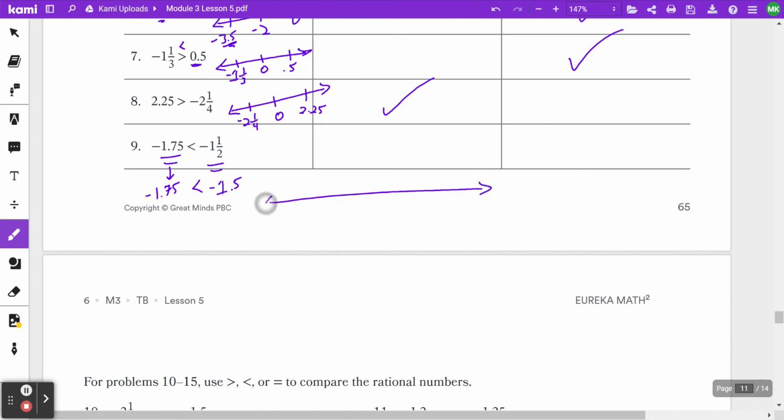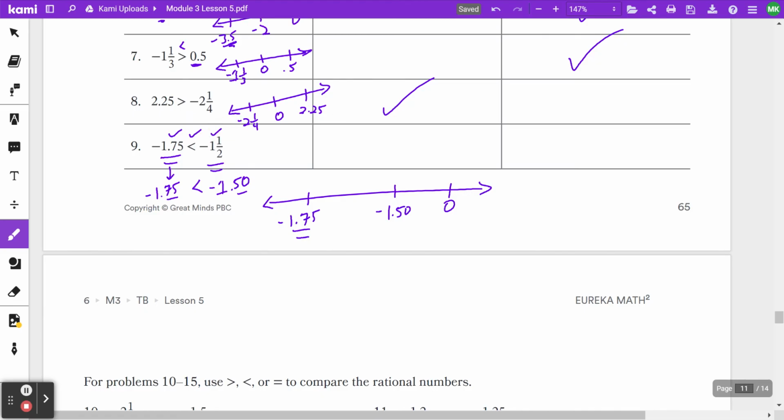Okay, well, number line. If that's my 0, let me match up those place values. Put both in hundredths so it matches up well. I'm definitely going to hit that negative 1.50 before I hit that negative 1.75, which makes this guy the lesser value.